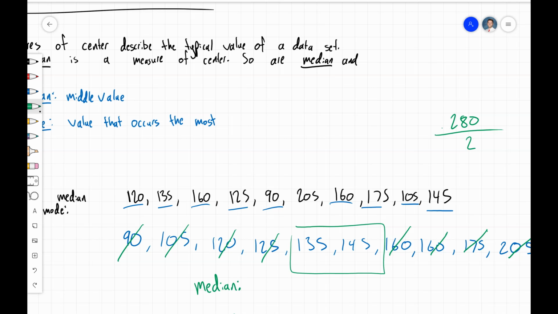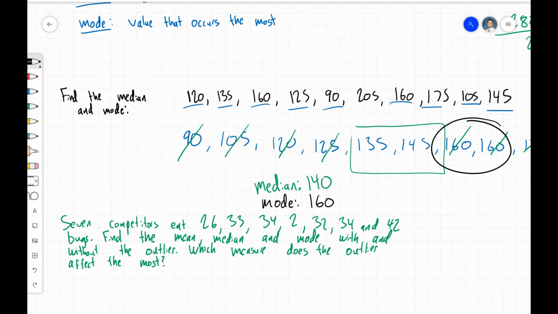It's just the point in the very middle. Now, the mode is just the value that occurs the most. You may have noticed in this data set, the only number that occurred more than once was 160. We had 2 of those, whereas everything else we only had 1 instance. So our mode here is 160.